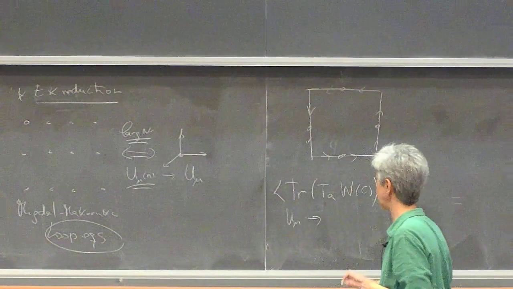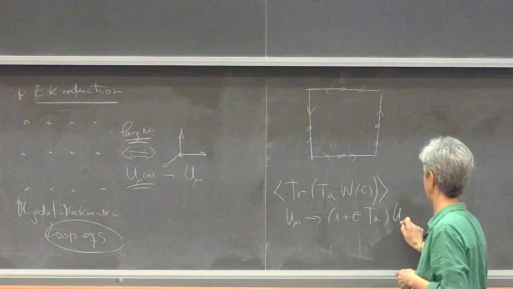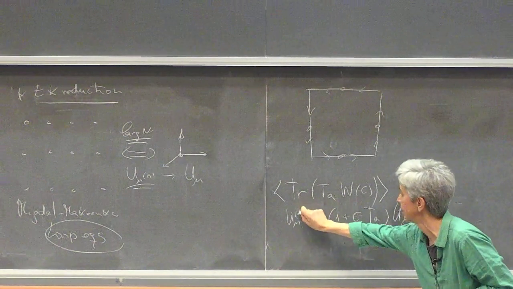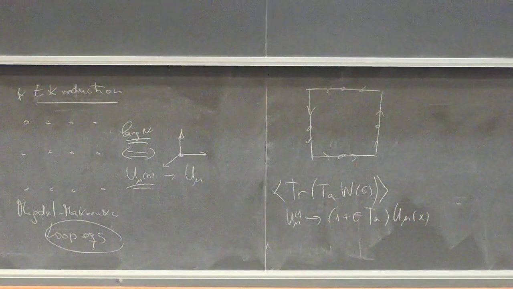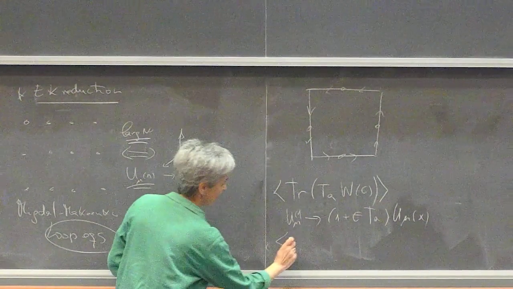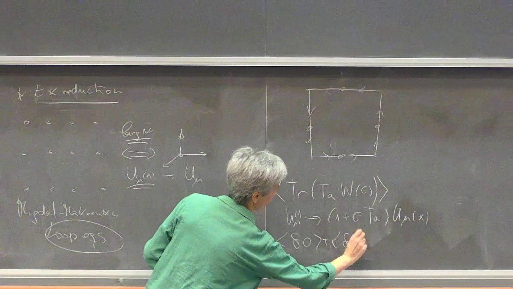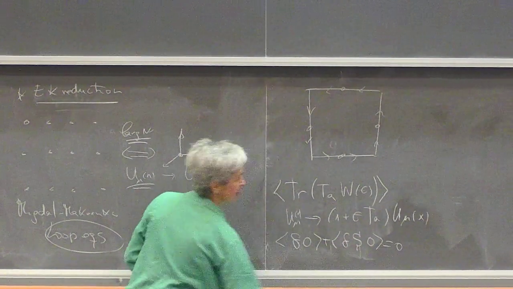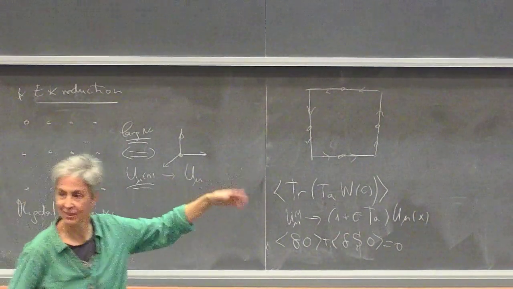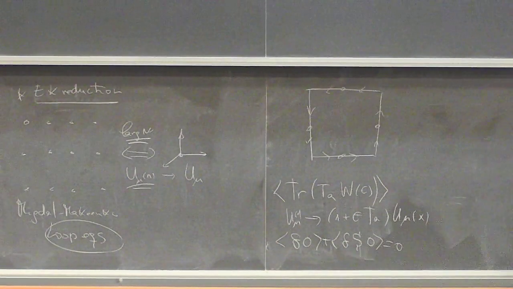And I'm going to do a change of variables to derive the Schwinger-Dyson equations associated to this operator. So I'm going to change the link in this way. You derive the Schwinger-Dyson equations, which is basically equivalent to saying that the variation of this operator plus the variation of the action times the operator is equal to 0, right? If you work it out using the relations between the T's, the result is the following.